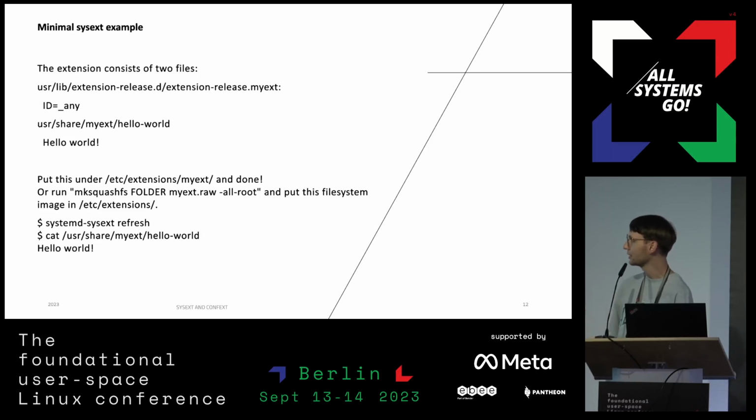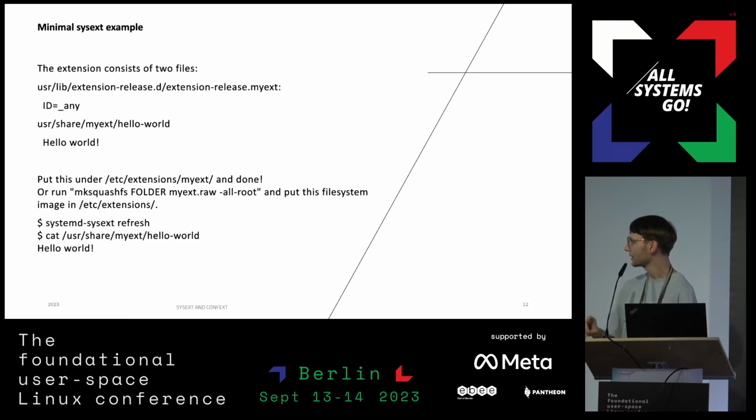Myx is the name of our extension, and inside this file we specify what compatibility we are looking for, and we can say ID=_any, and that means no assumption is made on the base system. Then we can ship our file in /usr/share/myx, for example, hello world. Now when we move this folder under /etc/extensions as a folder myx, then we are already done. We can load this now, for example, with systemd-sysext refresh.